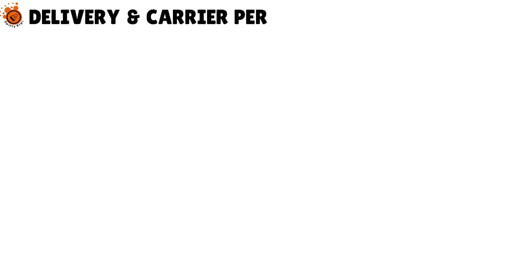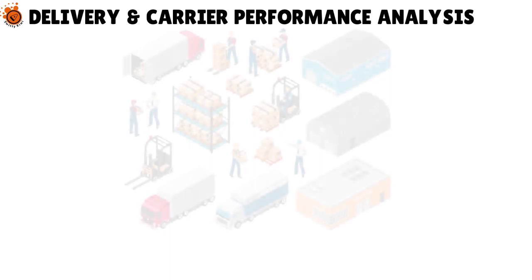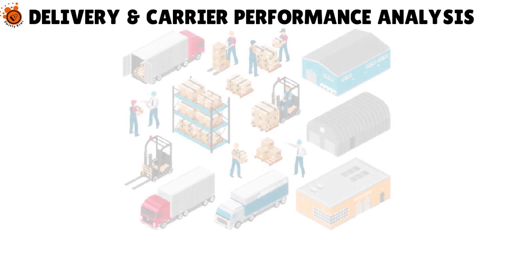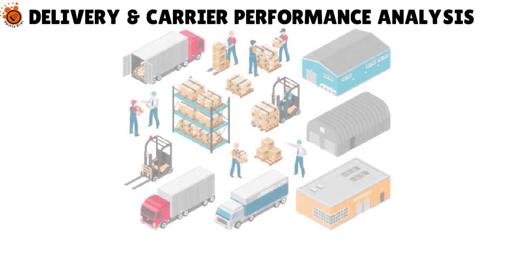You want to look at delivery and carrier performance analysis. So you have the ability to monitor the delivery performance per carrier, warehouse, or geography. This is important because if you're able to evaluate this trifecta, the trifecta being carrier, fulfillment center, and geography, you're able to pinpoint very soon where you're losing money and where you are making money. This is basically what it is, because a lot of online entrepreneurs pay so much attention to the customer, they forget about the back office.